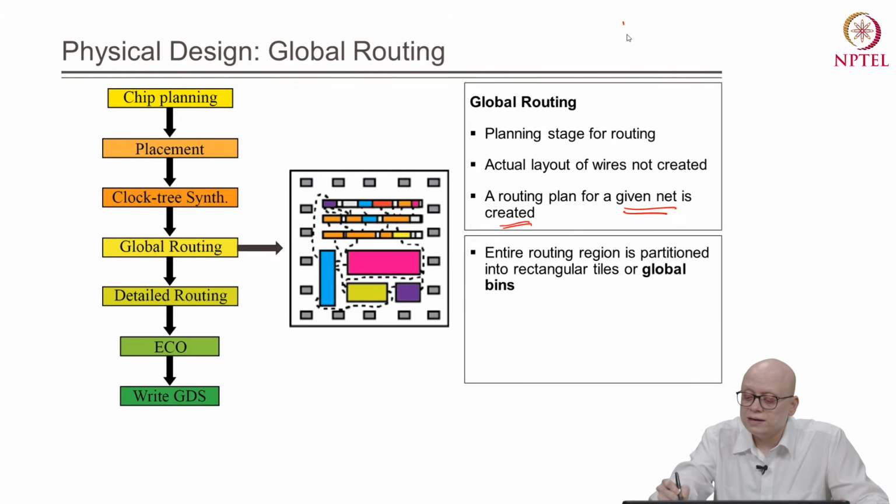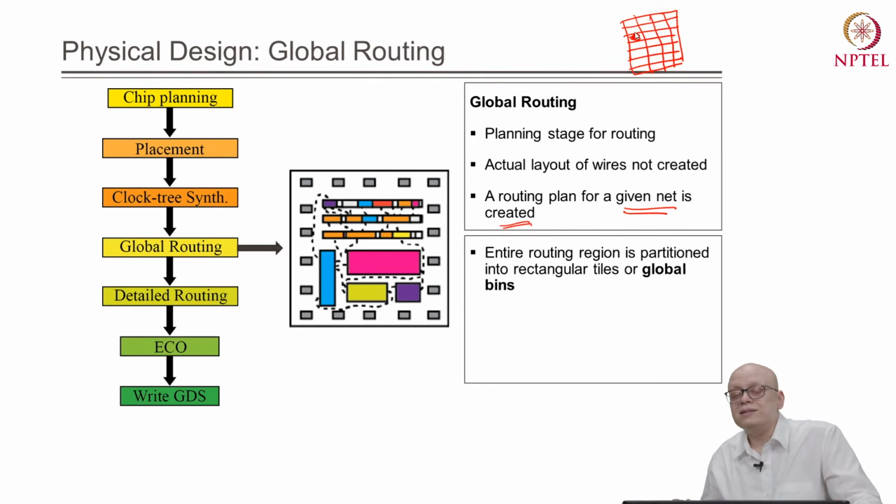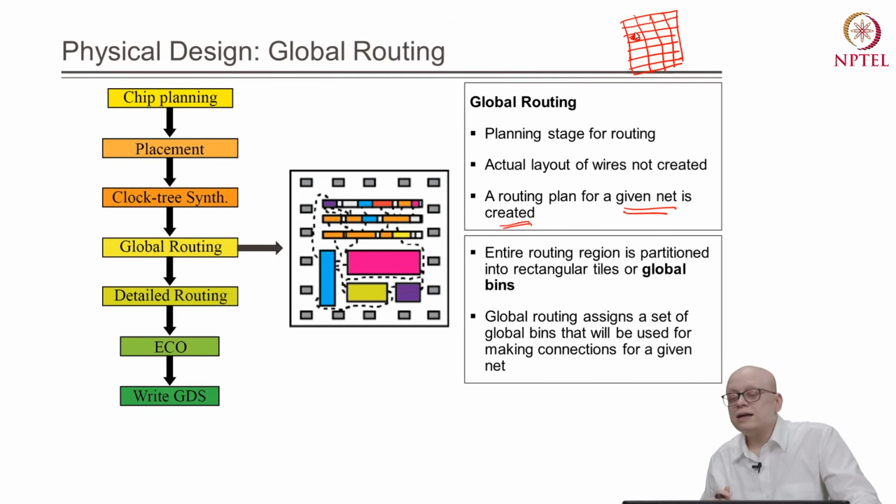For example, this is the layout of our design, then the routing tool will divide it into rectangular regions, and each rectangular region is known as a global bin. Then the routing tool will decide how the routing will be done in terms of global bins, or these rectangular regions that we have set.